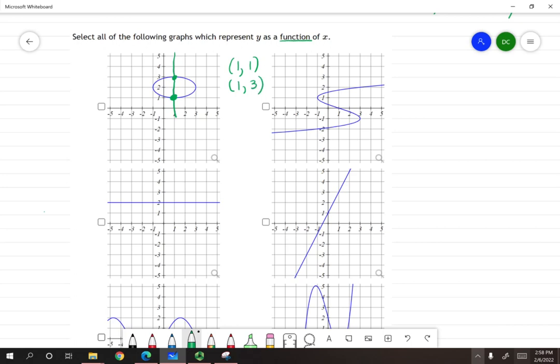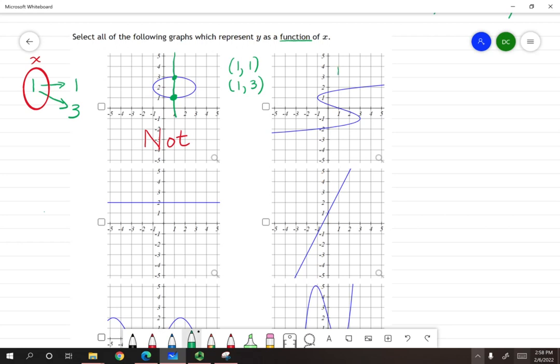That breaks the rule, because by definition, if a function has an x value of 1, it should only go to one particular y value, 1, 1, but this one also says 1, 3. The fact that I have 2 values coming out of my x part means that this is not a function, because when x is 1, y can be 2 different values.